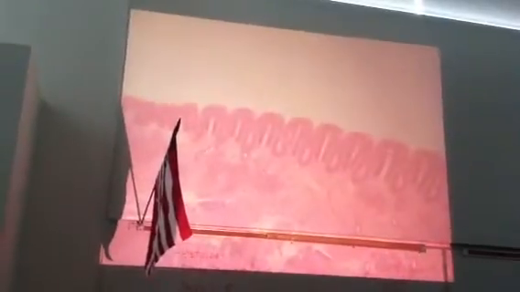Okay, this is tongue, and we're looking at fungiform papillae on the surface of the tongue, and we see taste buds. And I was looking around, I found another slide where you actually can see the taste bud better, and you can see where it looks like the taste hair is sticking out. I'll put that up in a second.